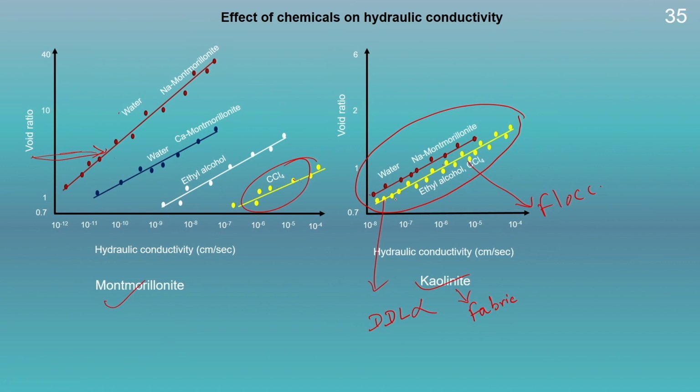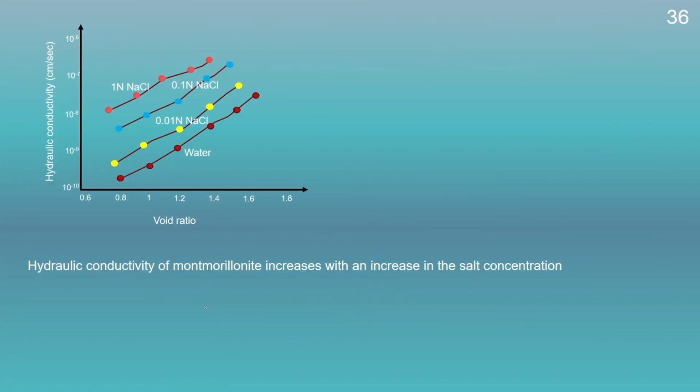So, therefore, here we can see the hydraulic conductivity is increasing from water, and that increase is not that significant in comparison to montmorillonite and illite, and this increase is because of its flocculated structure. For the other minerals, the hydraulic conductivity is controlled by the diffuse double layer thickness, and the diffuse double layer thickness also gets affected by the salt concentration.